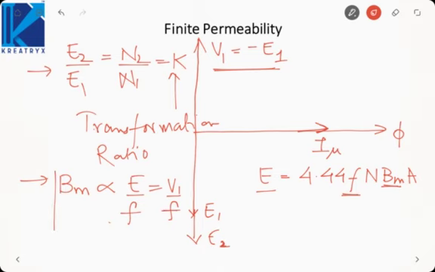This is a very important relation, because it will appear many times in the due course of electrical machines. Even in induction motors, generally the speed control method used is constant V by F control. So constant V by F means constant magnetic flux density. This you must always keep in mind.